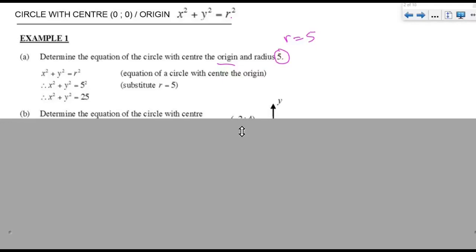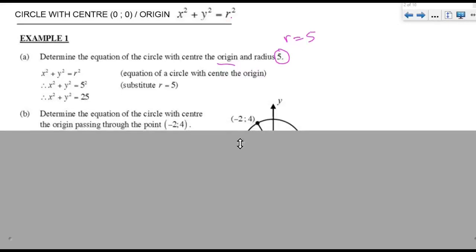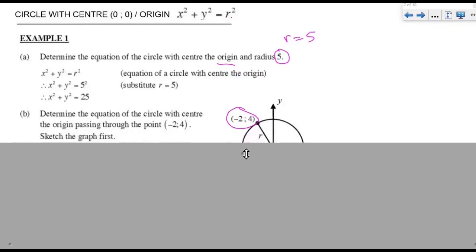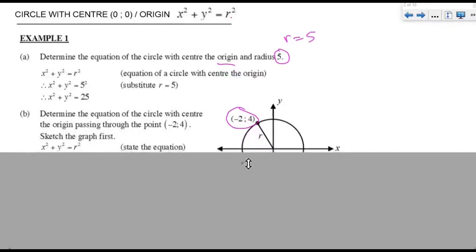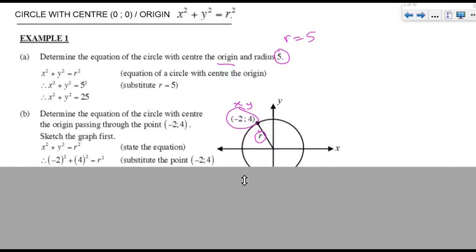Now, they want the second question: determine the equation of the circle whose center is at the origin but passes through the point (minus 2, 4). In this case, we use the same formula. However, we do not have the radius. However, we have x and y, which are minus 2 and 4 respectively. Substitute.